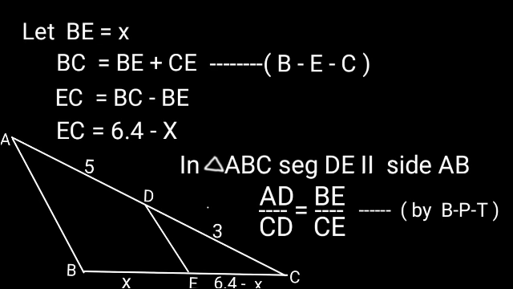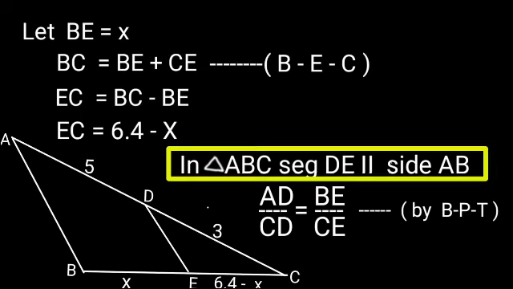Suppose BE is equal to X, then BC is equal to BE plus CE because E is between B and C. Hence, EC is equal to BC minus BE. Hence, EC is equal to 6.4 minus X. In triangle ABC, segment DE is parallel to the side AB.